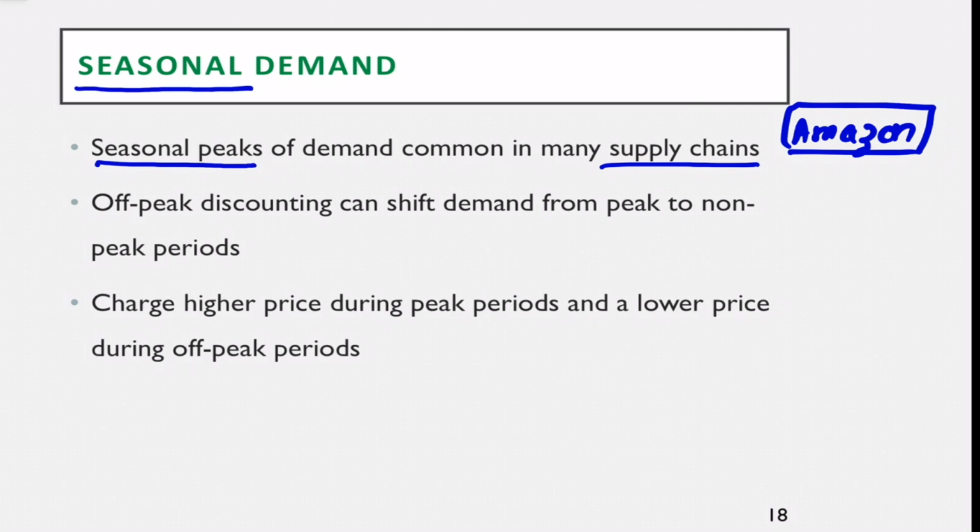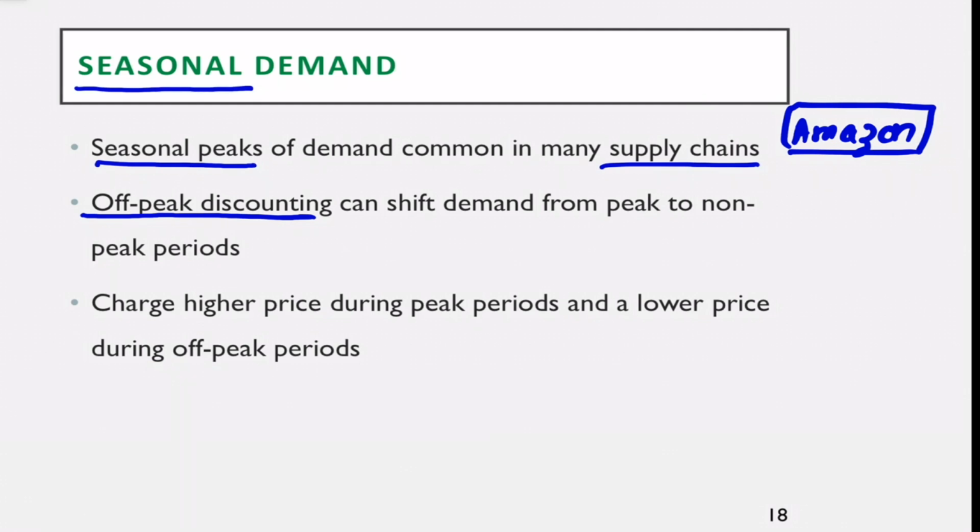They also give price discounts to customers who are ready to shift their demand a bit earlier compared to the peak season. That eases their capacity to some extent during the peak holiday season. So off-peak discounting can shift demand from peak to non-peak periods.